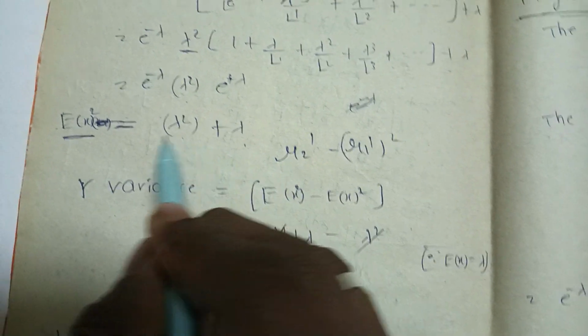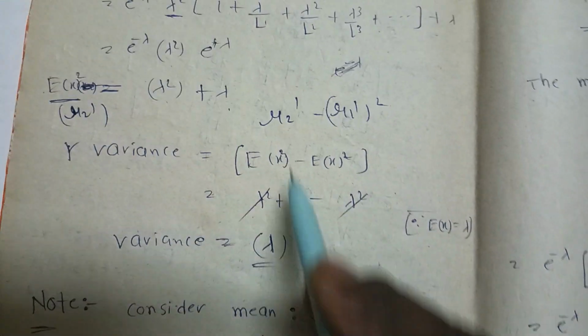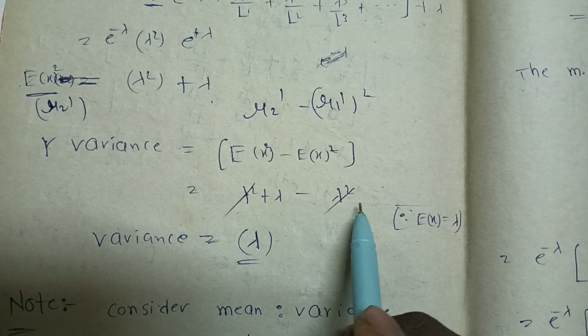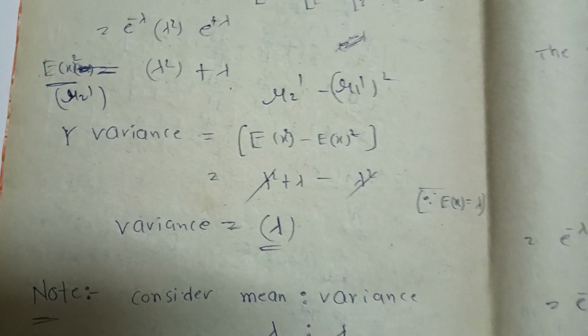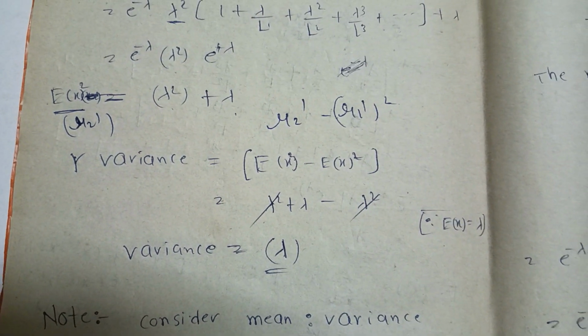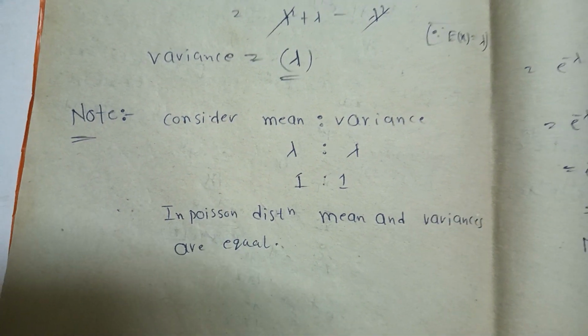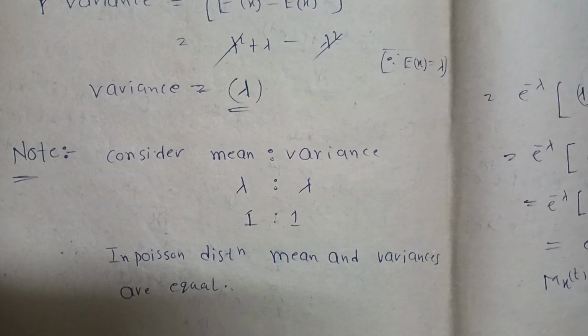So this is the value of mu 2 dash. Okay, so you just substitute the values for the variance: lambda square plus lambda minus lambda square. Both will get cancelled, and the variance value of the Poisson distribution is lambda. So here both the mean and variance are equal for the Poisson distribution.